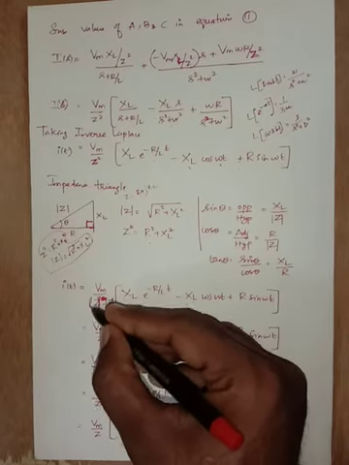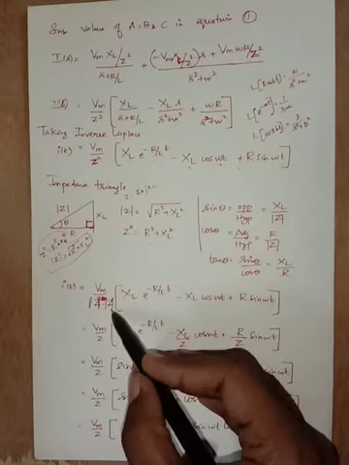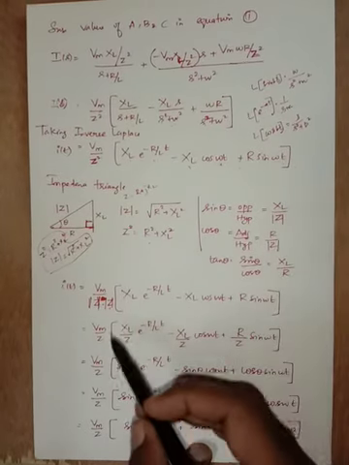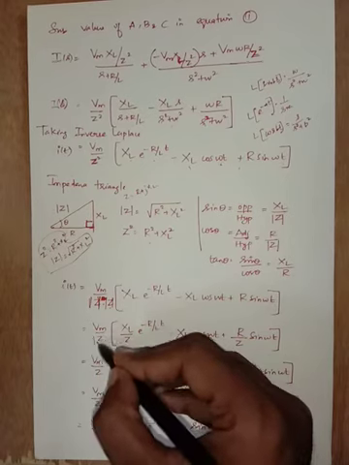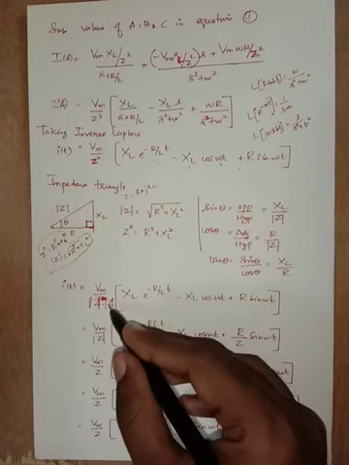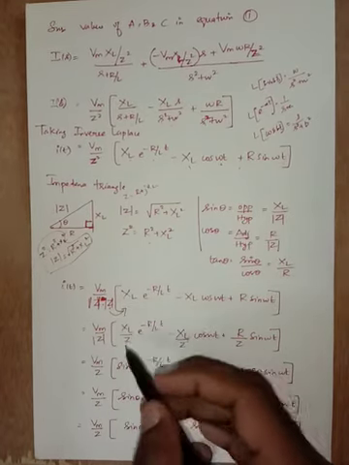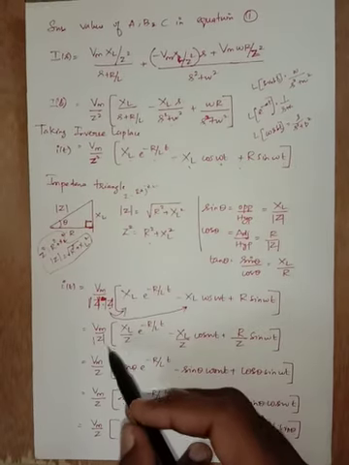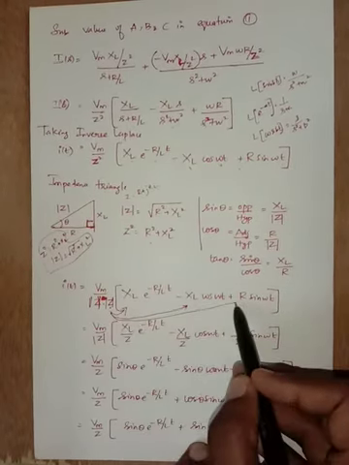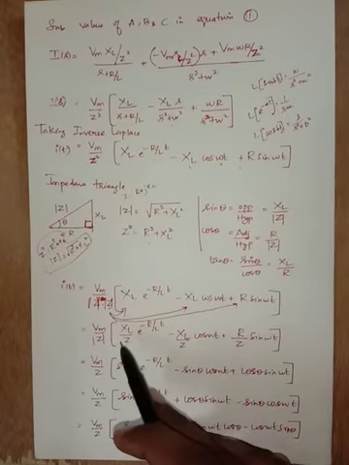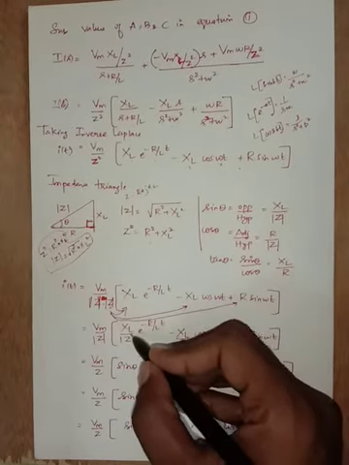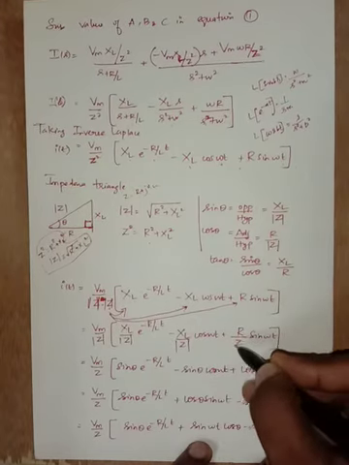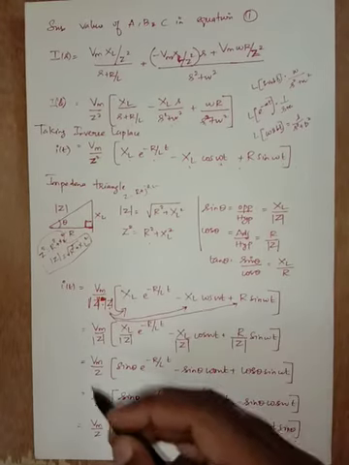I can take one mod z inside, so it is Vm divided by mod z multiplied by XL divided by mod z. One mod z will go inside and be multiplied throughout, for this term also and for this term also. So it is XL divided by mod z into e power minus r by l into t minus XL divided by mod z cos omega t plus r by mod z sin omega t.